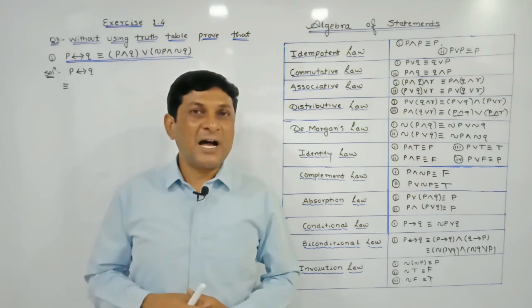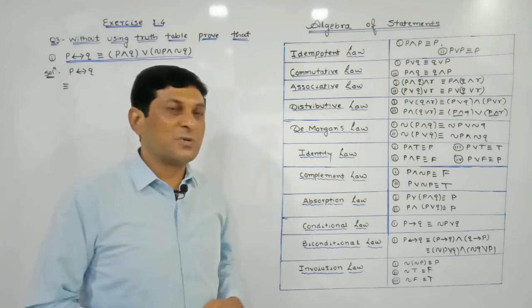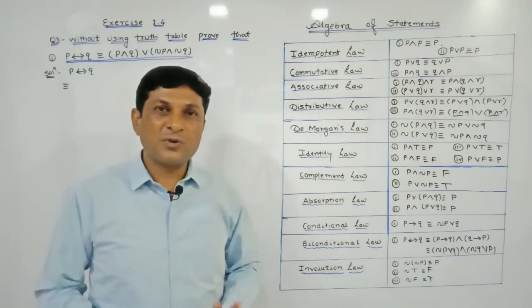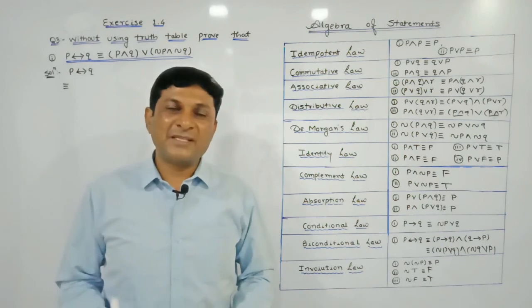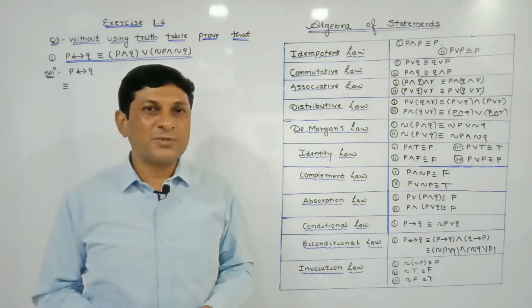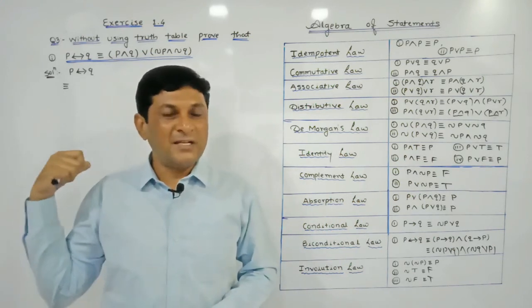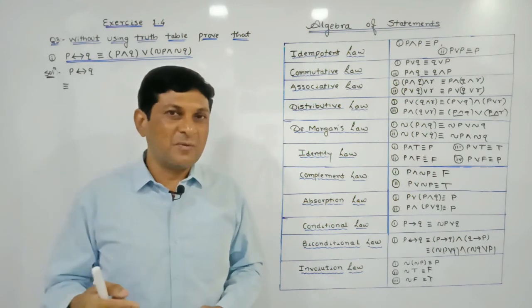If the question asks to show that two statements are equivalent without using a truth table, at that time we have to make use of these laws. पहले तो बेसिक नीड है कि आपके पूरे लॉज लर्न होने चाहिए. सिर्फ लर्न होने से कुछ नहीं होता. You have to practice applying the laws while showing that two statements are equivalent.